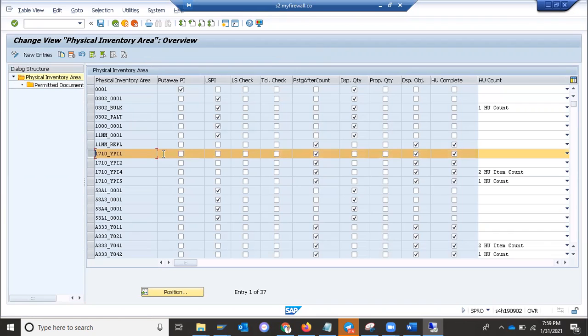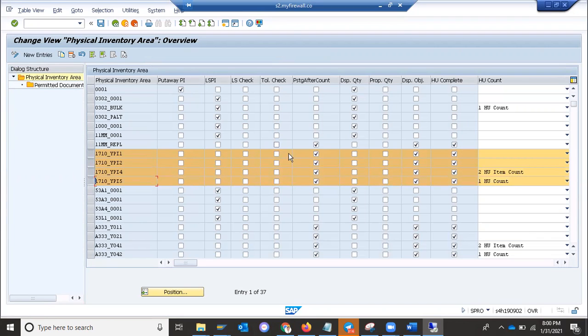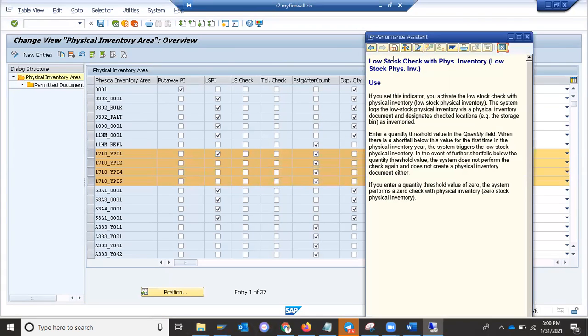Okay, it has got some specific combination and permutation. Other area is this, next is this, next is this. So we are all having this particular combination and permutation, like put away PI, LSPI. What is LSPI? Very simple. Low stock check.